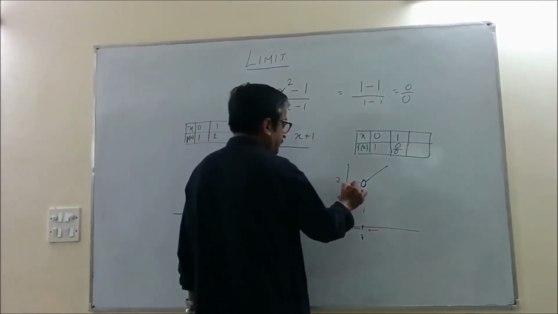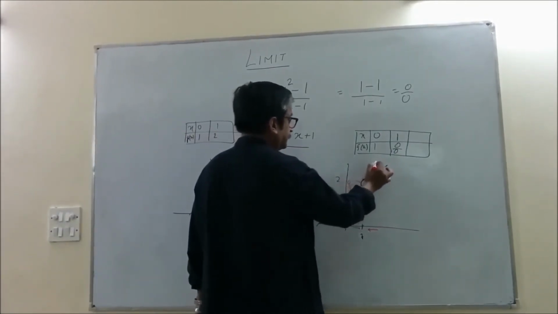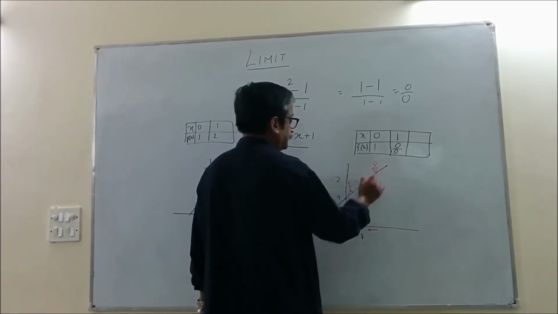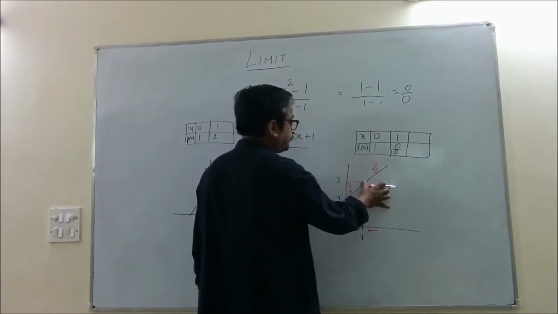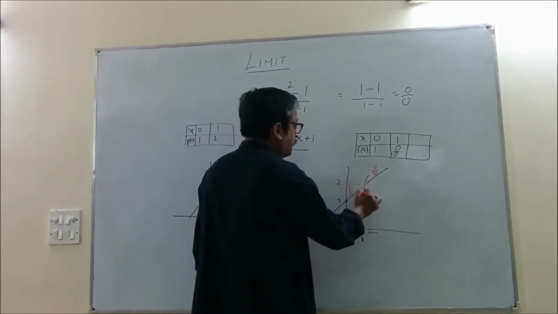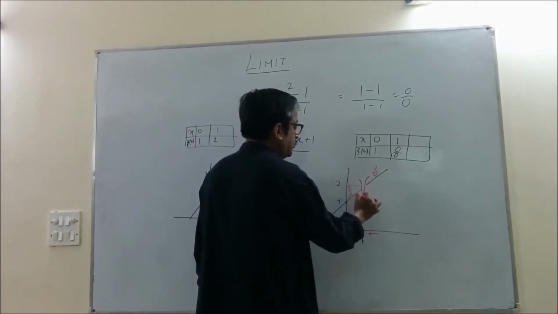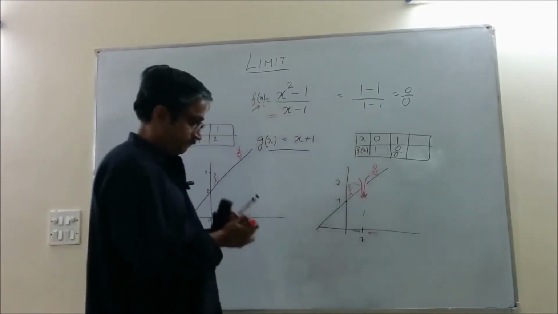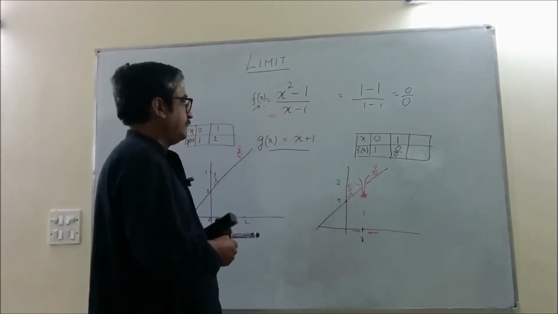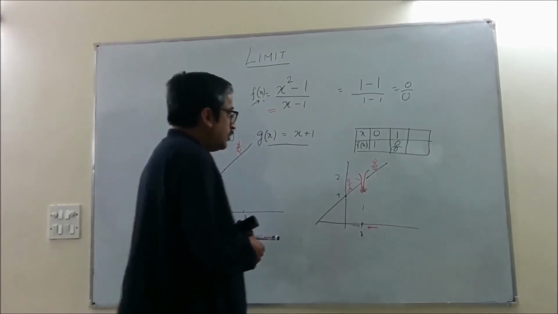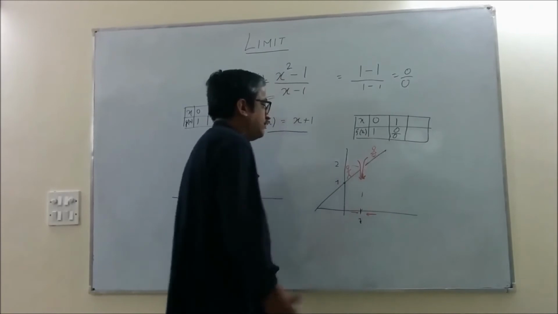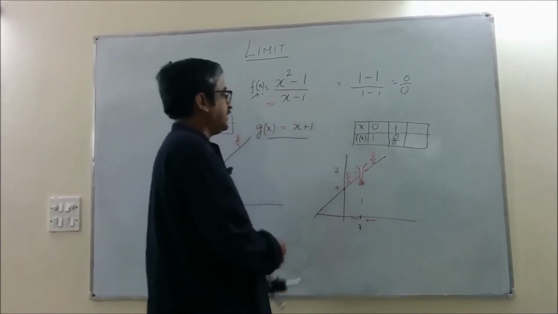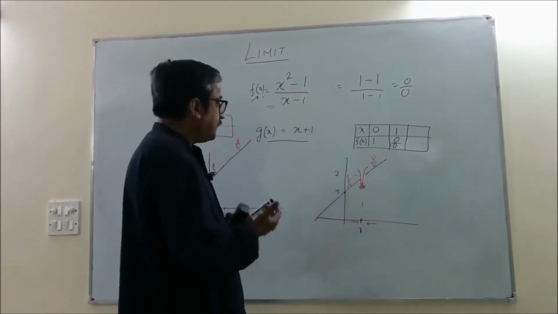Here, there will be a problem. At this point, there is no road. So both of you will fall into a huge hole. So we can ask the question, how close can you and your girlfriend be towards each other? That's the basic concept of limit.